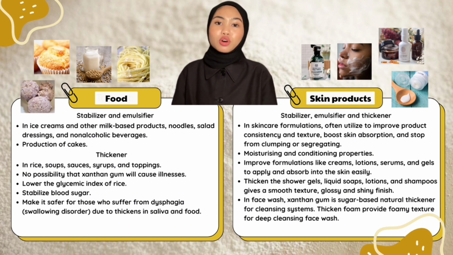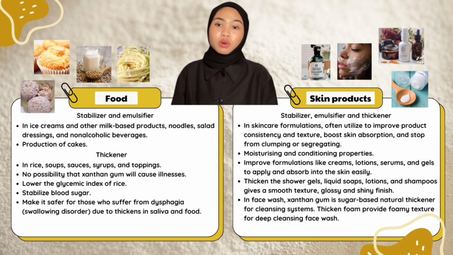It is also commonly used to improve formulations like creams, lotions, serums and gels so that the spreadability of the product increases, making it easier to apply and absorb into the skin. The gum also has a natural property to thicken shower gels, liquid soaps, lotions, and shampoos that gives a smooth texture, glossy and shiny finish.